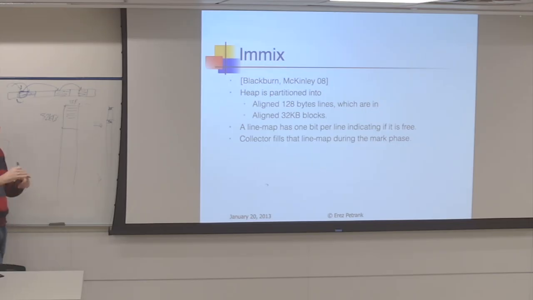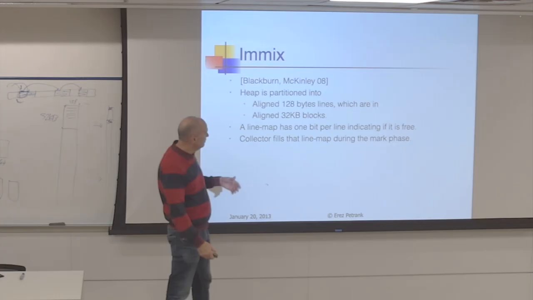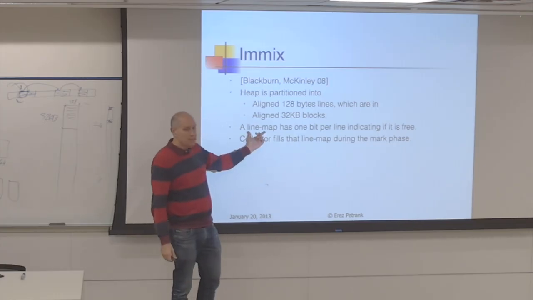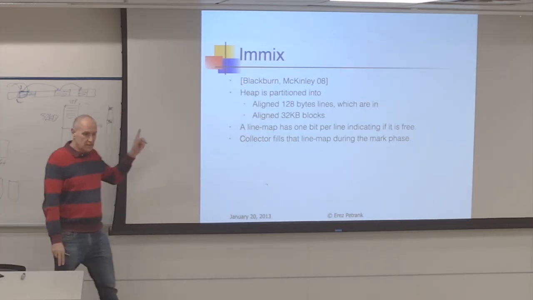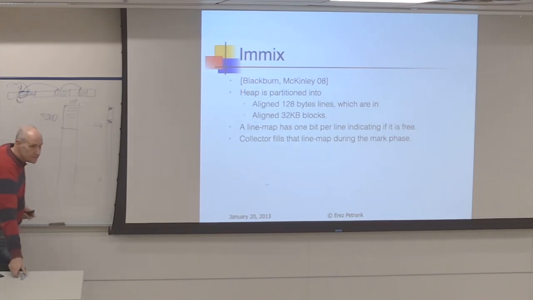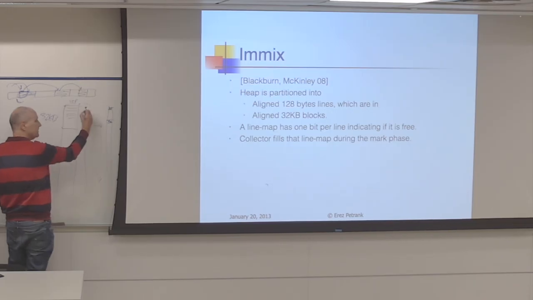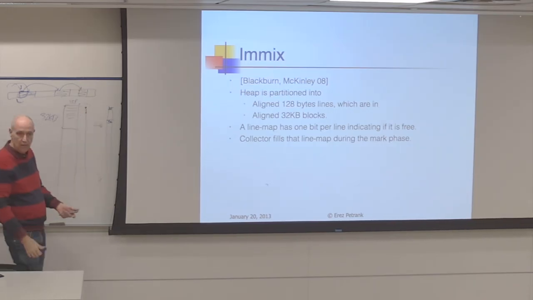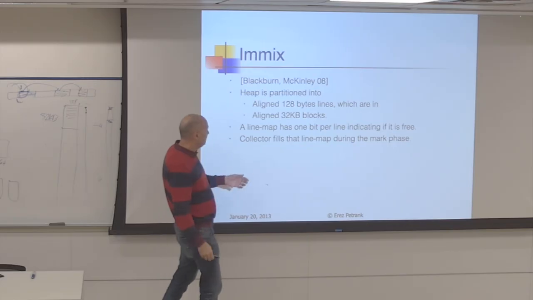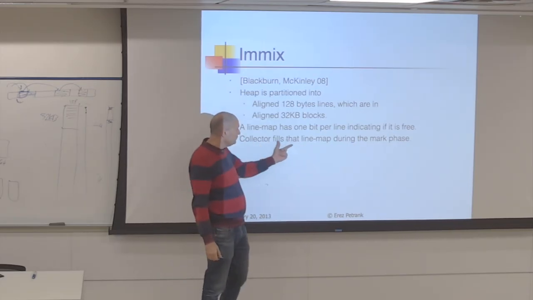The entire heap is partitioned into blocks, and then each block is partitioned into lines, and you have a line map. For each line, you have a bit telling you if it's free or not, if you can allocate on it. And the collector fills the line map.